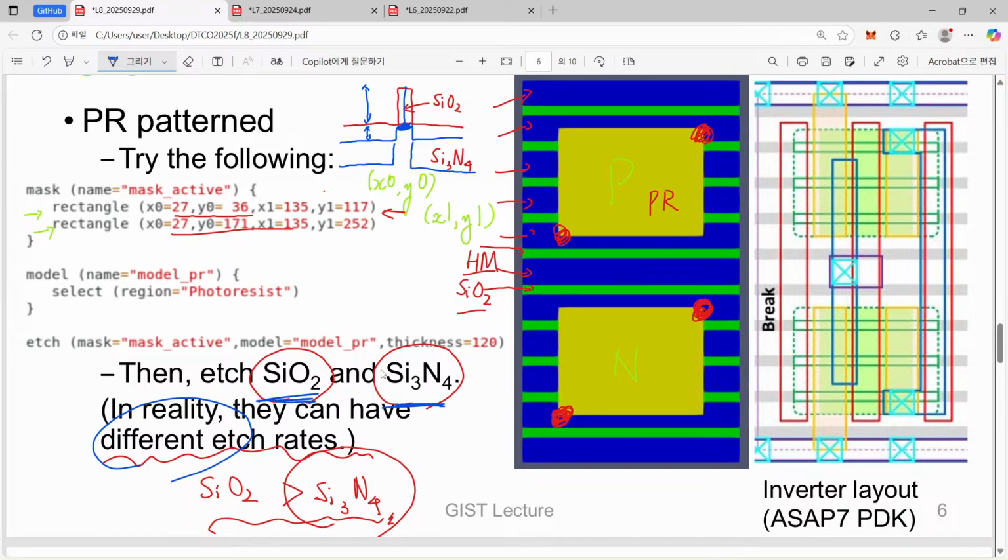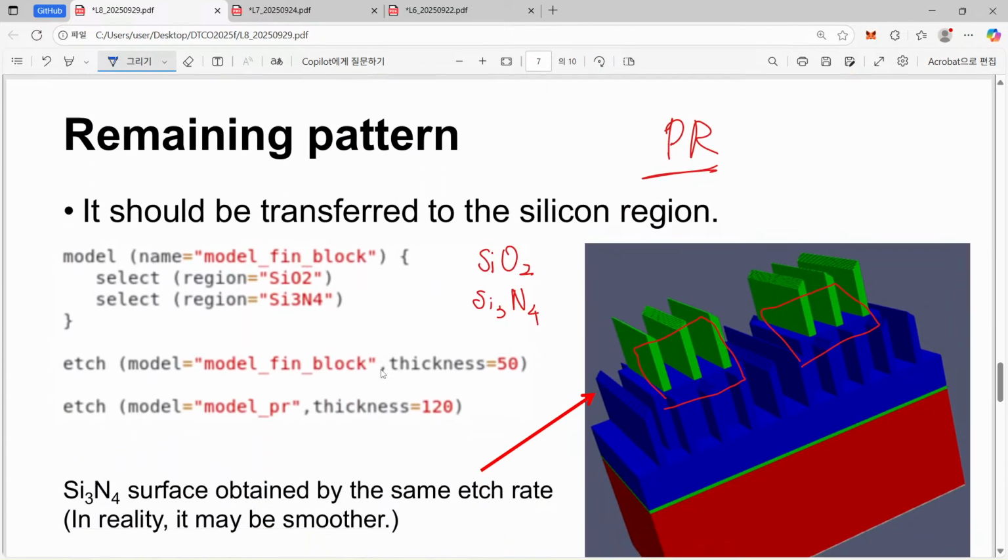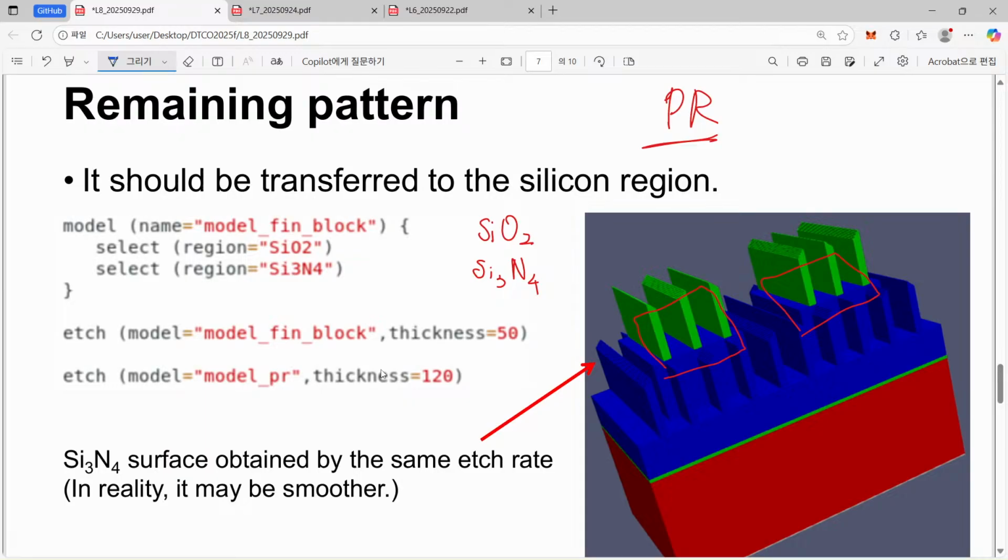So that is the reason why when you have a look at this etched pattern, you can find that this silicon nitride has quite a deep trench here, corresponding to the original thickness of this sidewall.